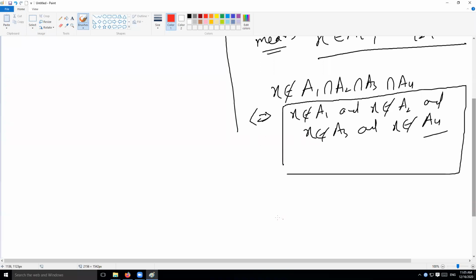X does not belong to AI for all I equal to 1, 2, 3. Exactly. That's a very good thing. So I can say that X is not in AI for all I equal to 1, 2 and 3. समझ आ रही है बात? ठीक है.